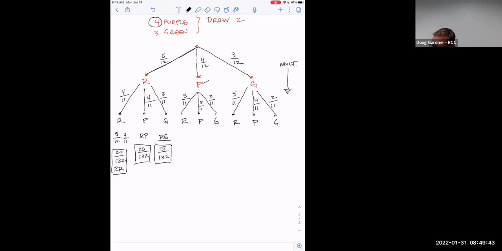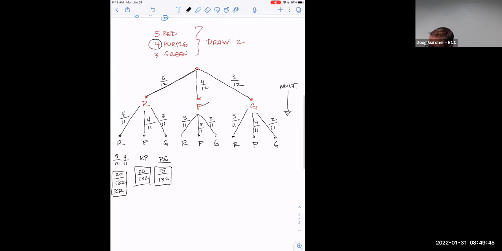Maybe it makes sense to you why that should be less likely, because red has 5 and green has 3. So that's not as likely. Anytime you include green, there's only 3 green marbles, so getting that's going to be kind of a less likely outcome. Notice the order of that though. This is a red first, like you chose a red first and then you chose a green later.